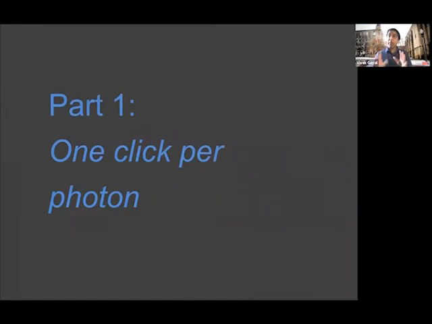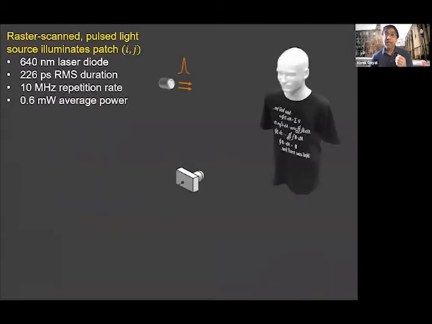So let's talk about modeling and methods for 1 click per photon. We have a pulsed light source that we're going to raster scan. The illumination of one small patch at a time, indexed by ij, is what's going to create the transverse spatial resolution.